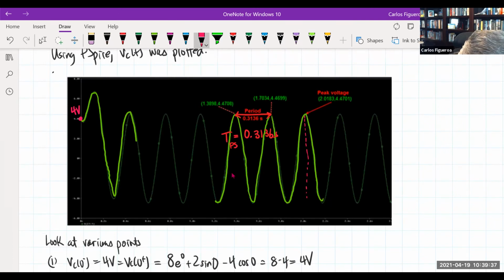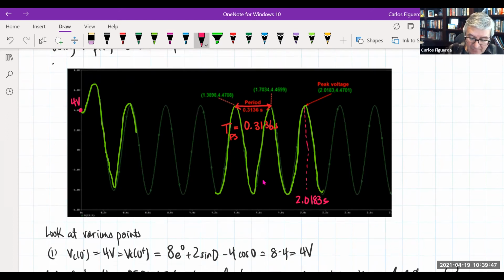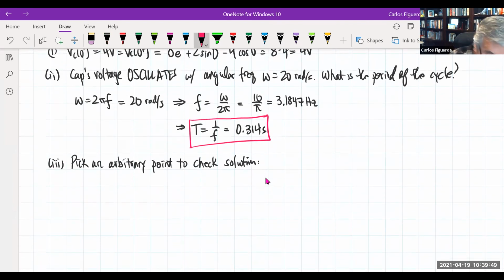this has a time of 2.0183 seconds. So at that peak value, that's the time here. So the peak voltage is at T equals, what was it?